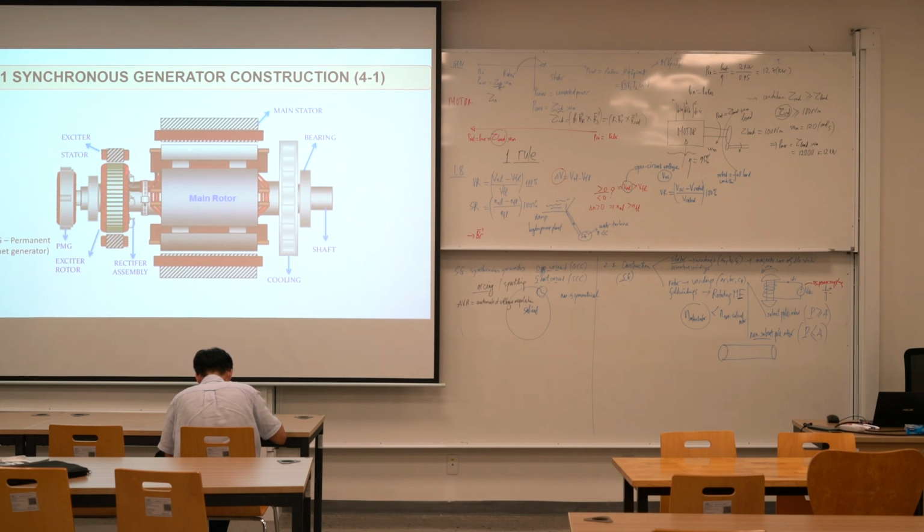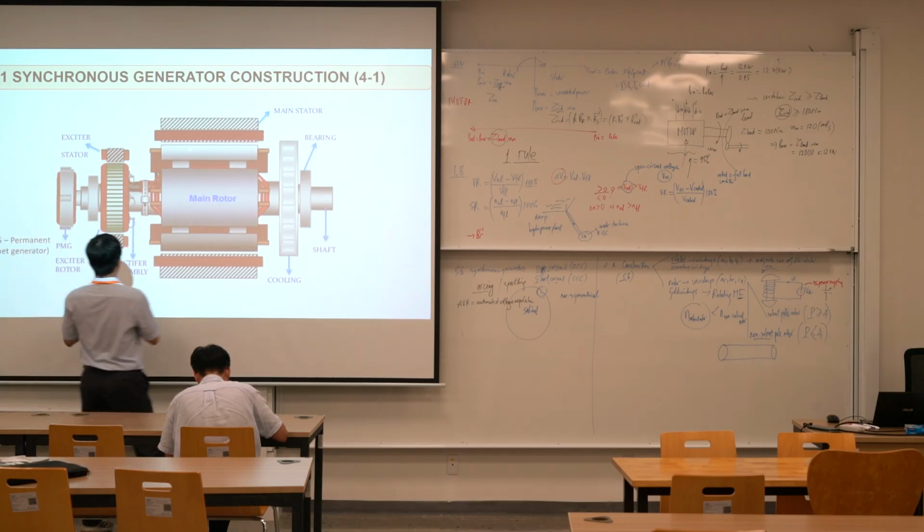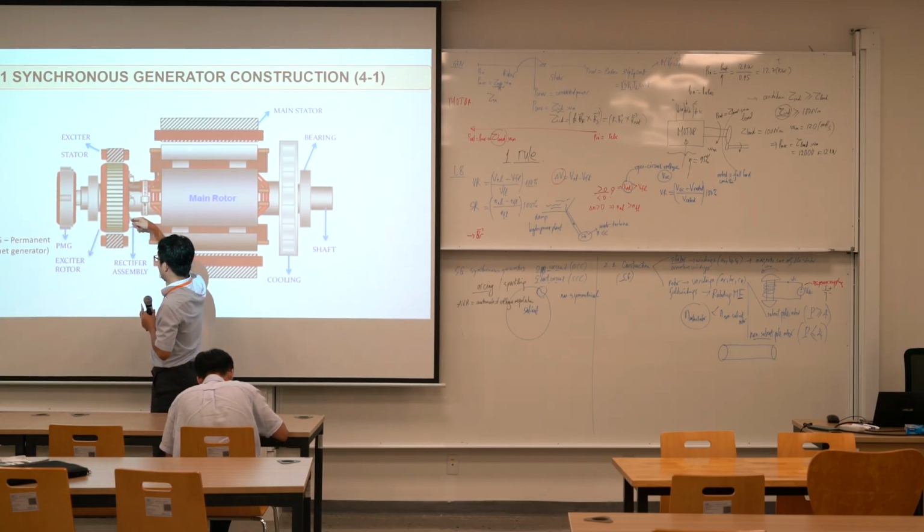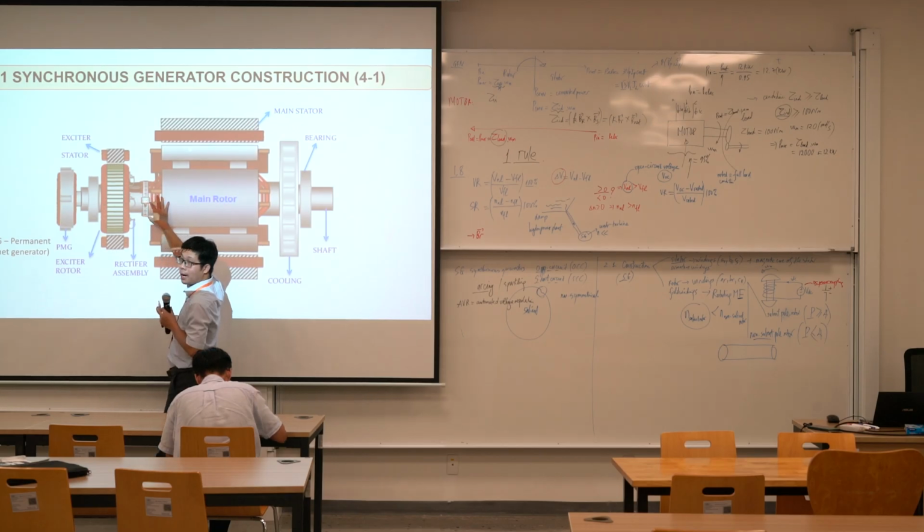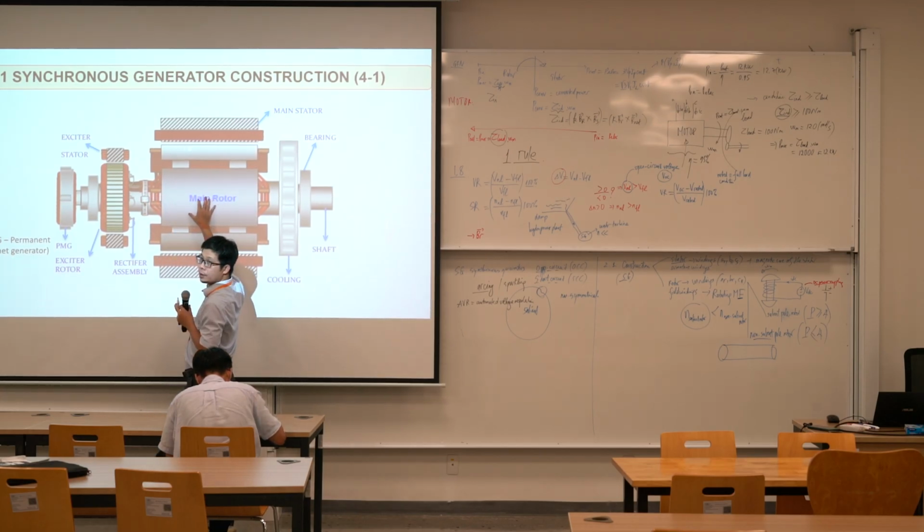And at the rotor, they will generate the AC voltage. And here, normally this one is a diode. We use 3 diodes to rectify AC to DC, and then we supply the DC current to the main rotor. You understand?